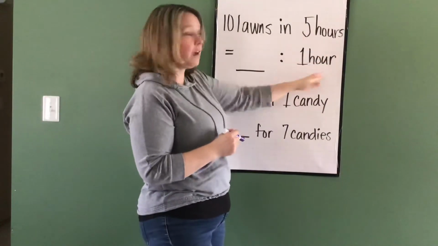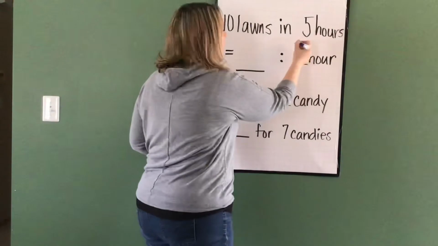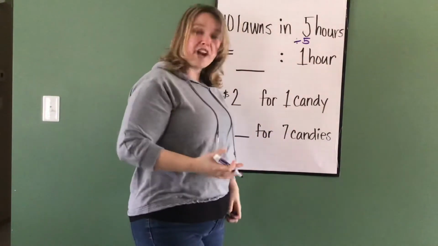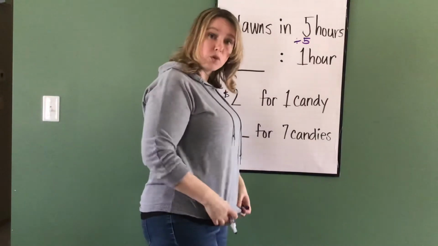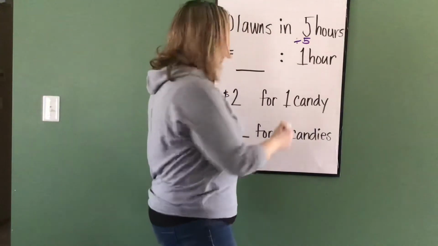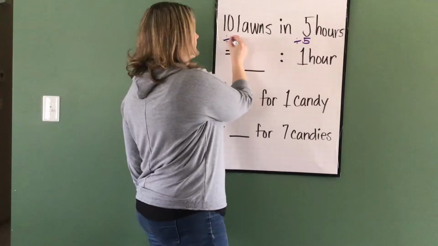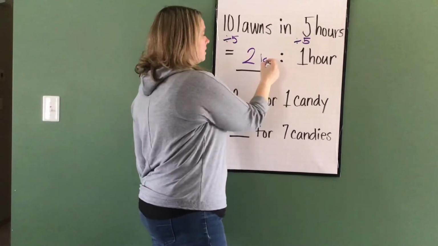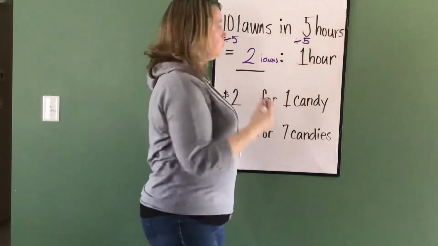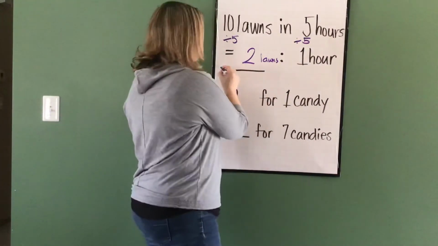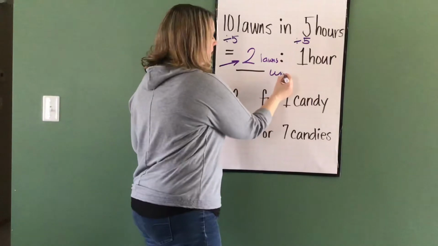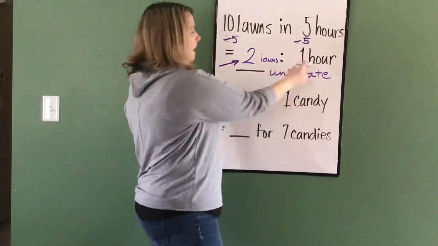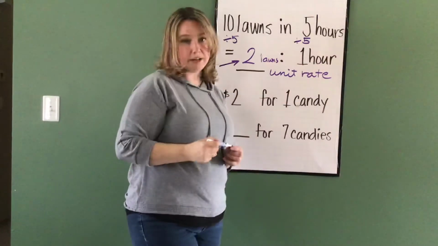So to get from 5 hours to 1 hour, I divided by 5. Just like an equivalent fraction, an equivalent ratio, what you do to one term, you have to do to the other term. So we're going to divide this by 5 as well. So he mows 2 lawns in 1 hour. Now this is a unit rate, because unit means 1, and now I have 1 hour as one of my terms.